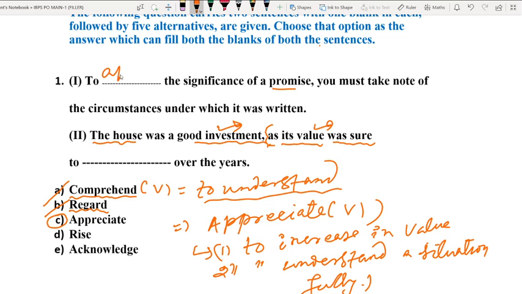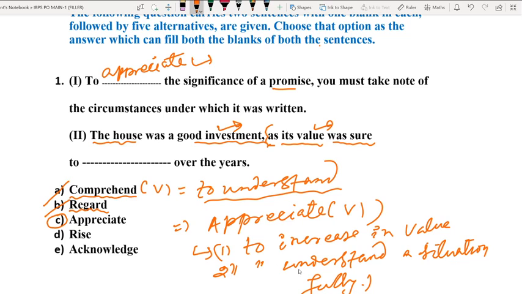And if we use the verb appreciate here, the overall meaning of the phrase becomes to appreciate the significance of a promise, which means to understand the importance of a promise, how important a promise is. And it fits in the first blank.